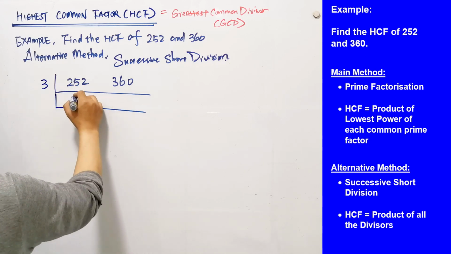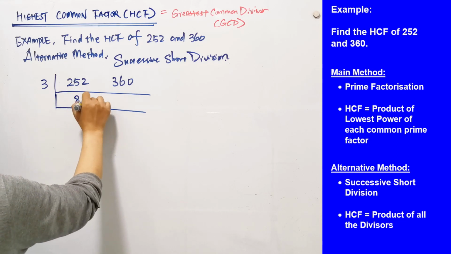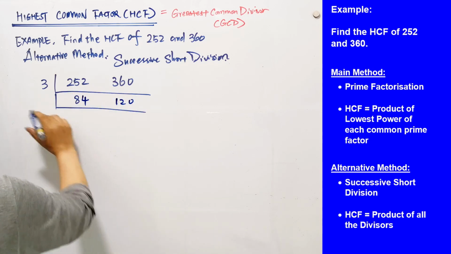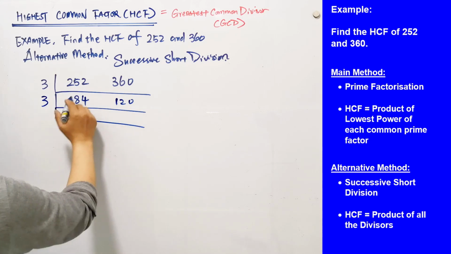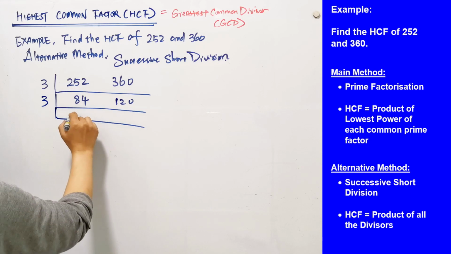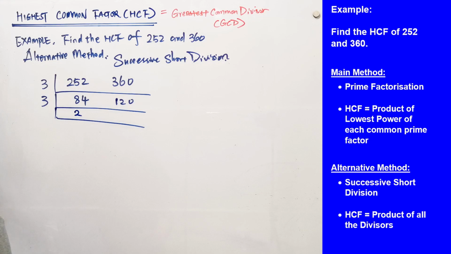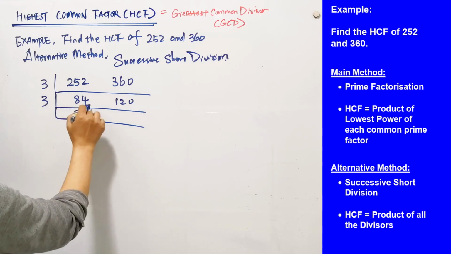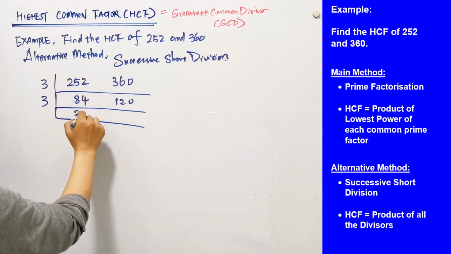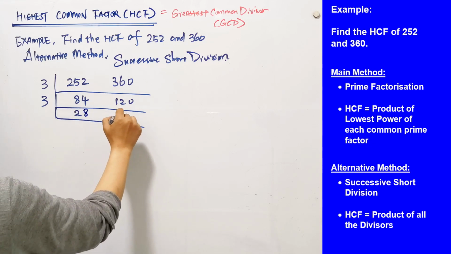So we get 84 right here. Then 360 divided by 3 is 120. Can we use the 3 again? Yes, right? So what do we get here? 84 divided by 3 is 28, and 120 divided by 3 is 40.